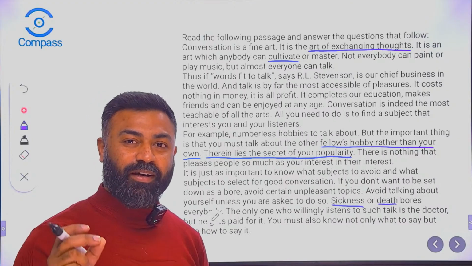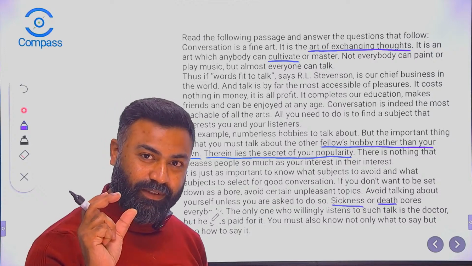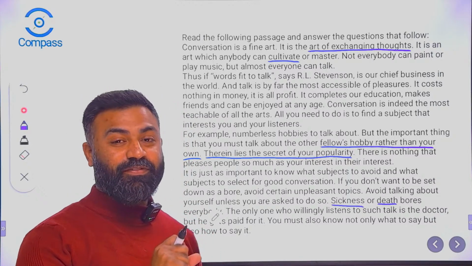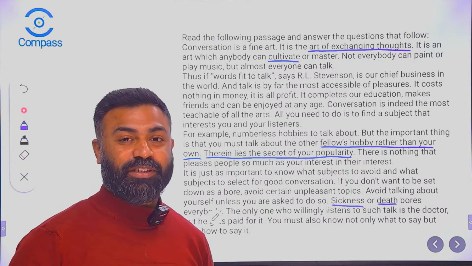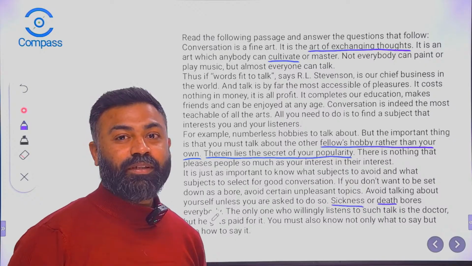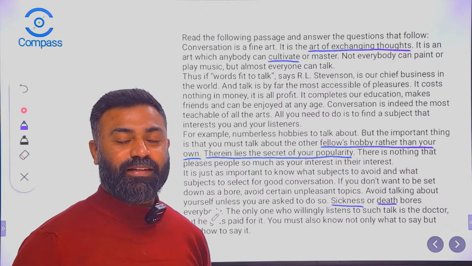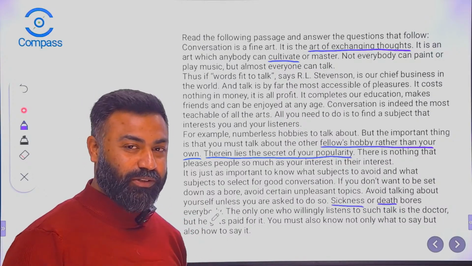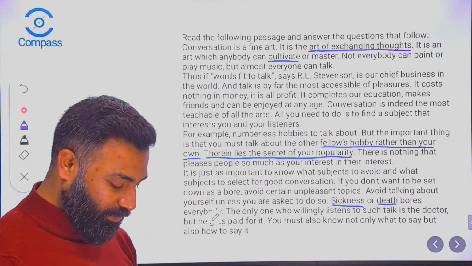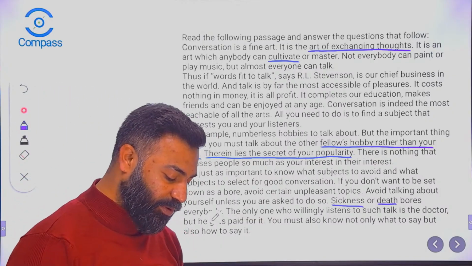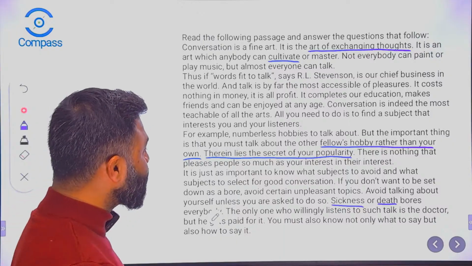But you need to have the right content to talk about. Blabbering is different. Having a conversation is different. So one must not blabber. What is blabbering? You are talking about anything that is coming to your mind. It is making no sense. So you have to have some content for the conversation as well. That's just a piece of advice I'm giving you right now.